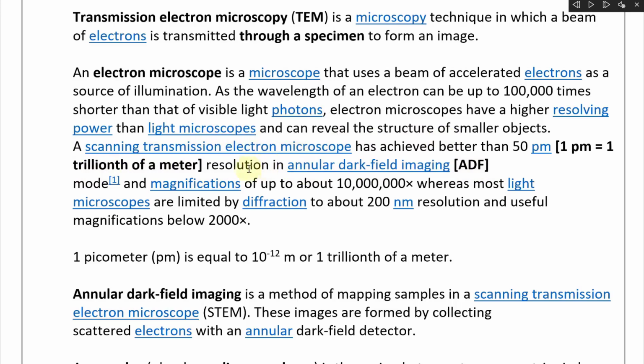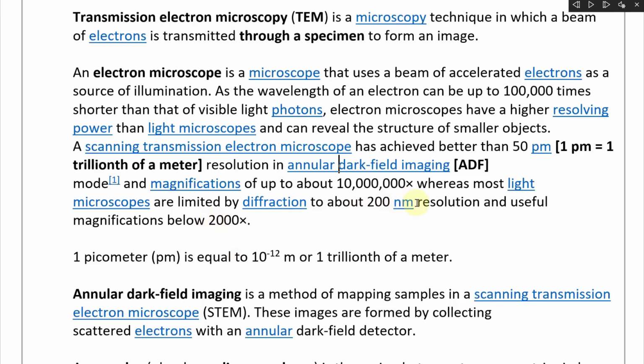Resolution in annular dark field imaging, or ADF mode, and magnifications up to about 10 million times, or 10 million x, whereas most light microscopes are limited by diffraction to about 200 nanometers resolution and useful magnification below 2000x.